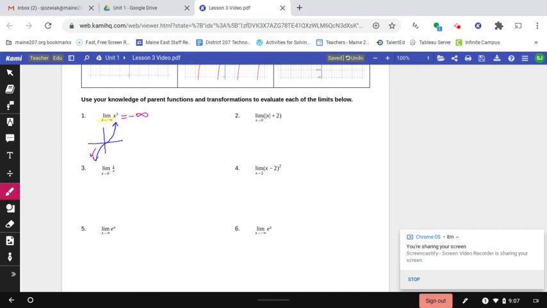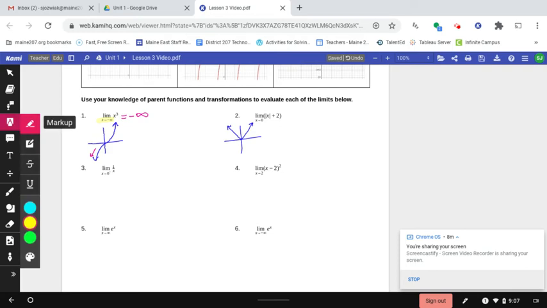Okay? Let's take a look at the second one. So now we have the absolute value of x plus 2, and we're looking at the limit as x approaches 0. So let's think about this parent function. We know that this parent function is the absolute value of x, which means we're just looking at that simple v.